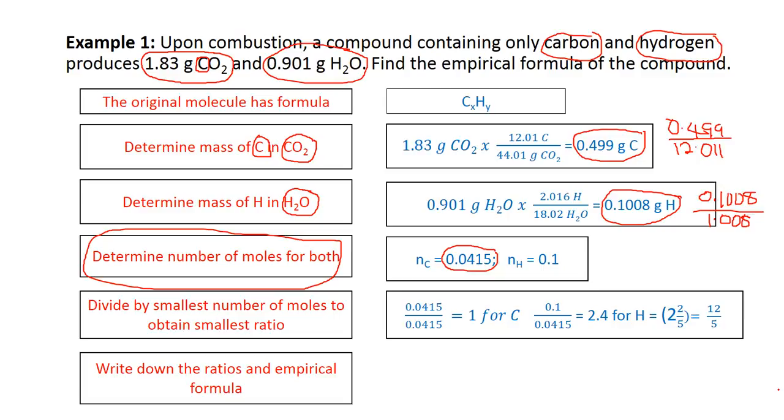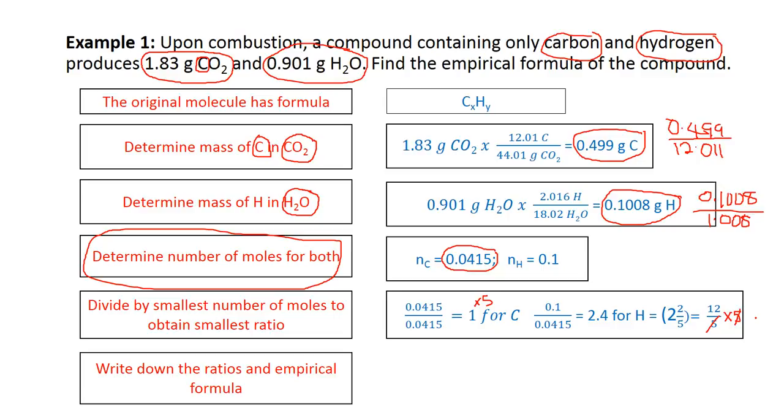Now, once we get 12 over 5, we want to get rid of this 5 here. So you need to multiply both sides by 5. I multiply here by 5 and I also multiply here by 5. In the end, this cancels with this one.